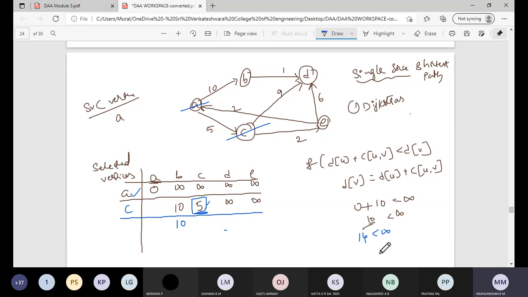True or false? So it is true. True means we will update this as 14. So now this D is having 14. Is it clear?